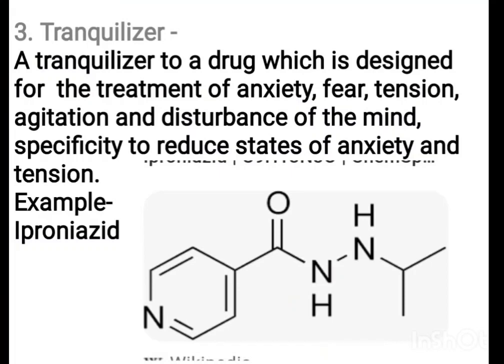Many people will be awake in the night due to disturbance of the mind, because their mind is full of thoughts, so that's why they are not having good sleep at night. So it is for disturbance of the mind and is specific to reduce the state of anxiety and tension. Examples are iproniazid. Okay, this is the structure of iproniazid.